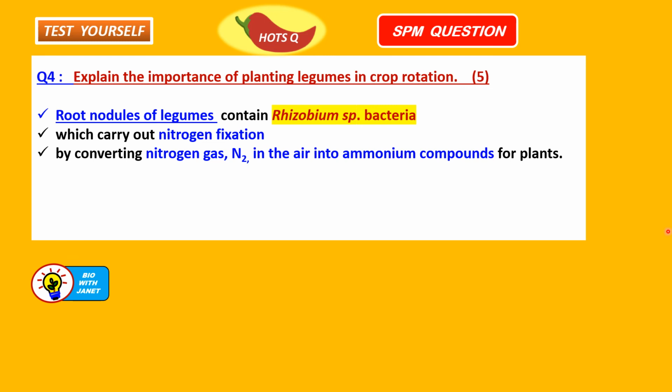But after that, when the legumes die, the farmer will cut off the stem, after that season when he has already planted and harvested the legumes. He will cut off the stems of the legumes, but the roots are left in the soil and the roots will decompose. So when the roots decompose, you will release the ammonium compounds from the root nodules into the soil.